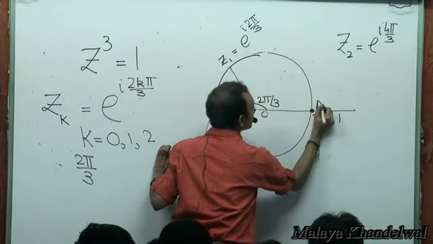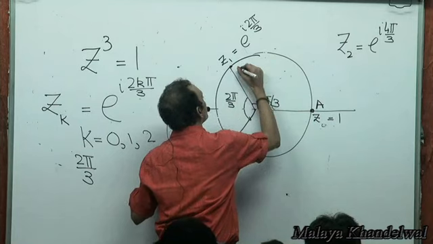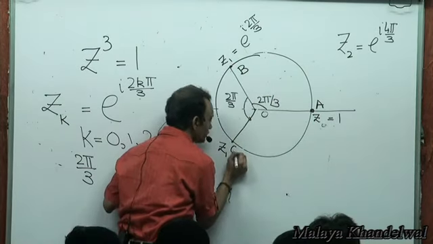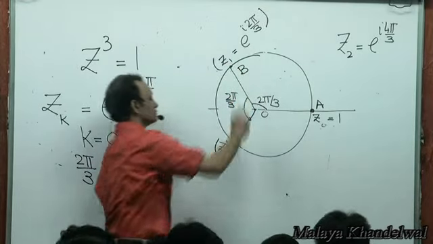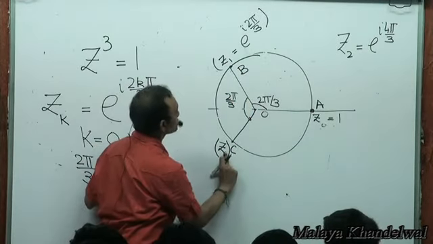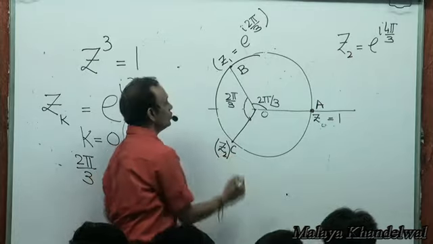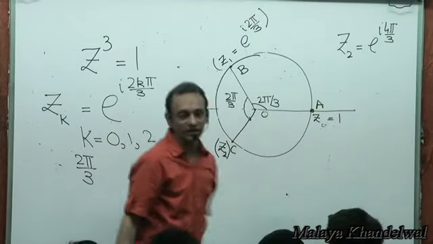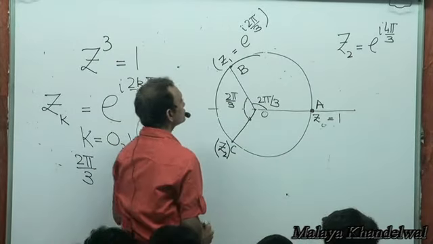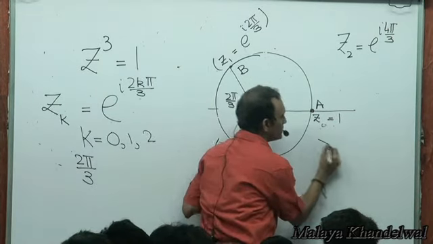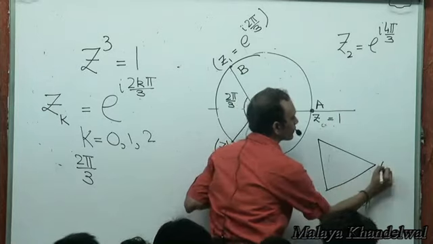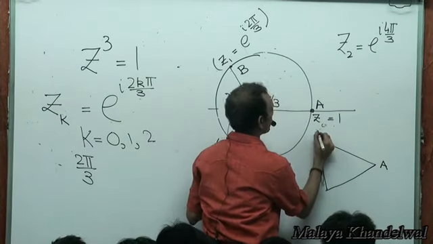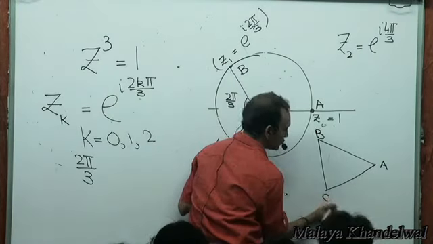Where A, B, C will constitute vertices of an equilateral triangle. This is z2, which is e power i 4 pi by 3. Yes or no? Where this ABC is an equilateral triangle.